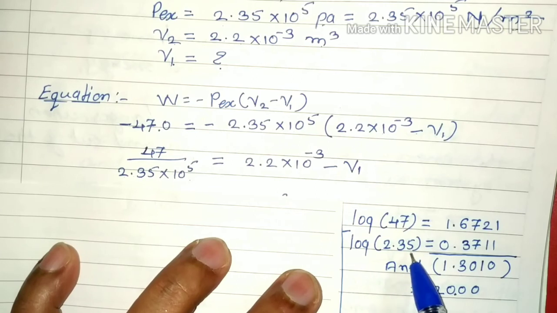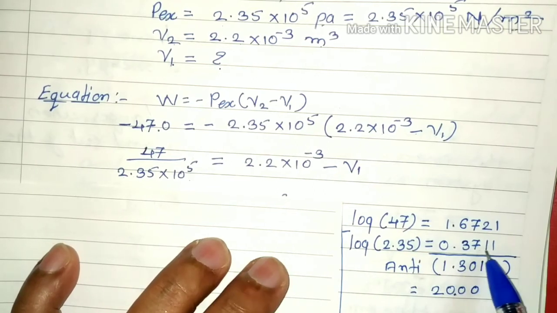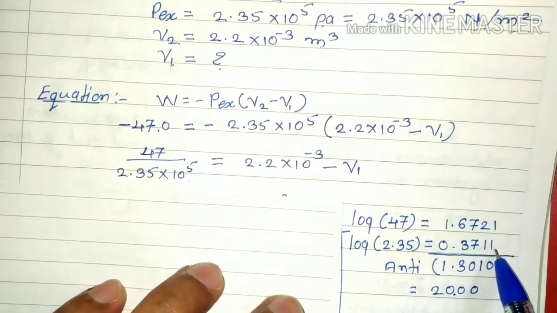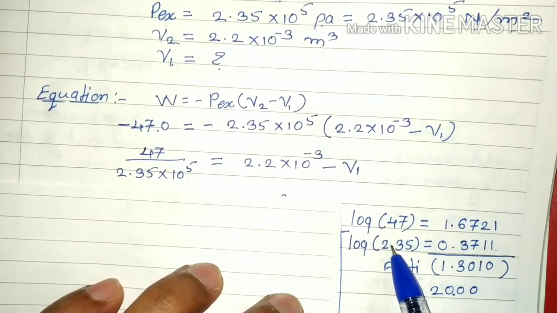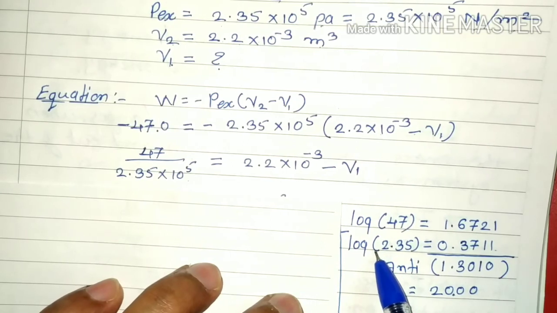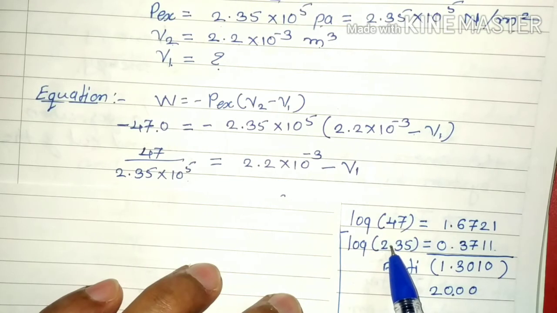The log of 2.35 is equal to 0.3711. Here there is only one digit before the decimal point.